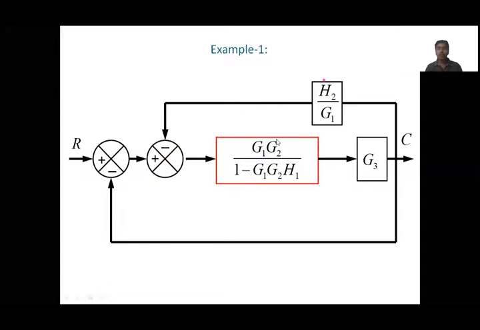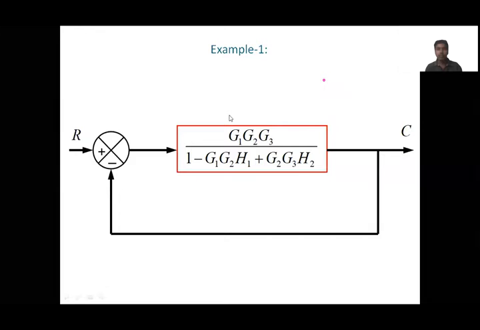Now this block and the G3 block are both in cascade, so we can easily combine them. After this, this block has a feedback path like this, and it is negative feedback, therefore we have a single block like this. How to reduce this loop, we know already.